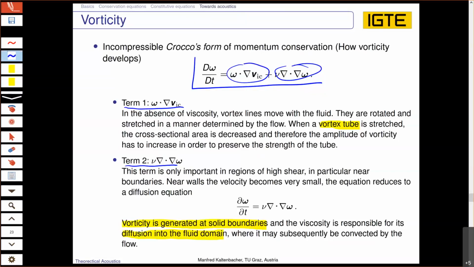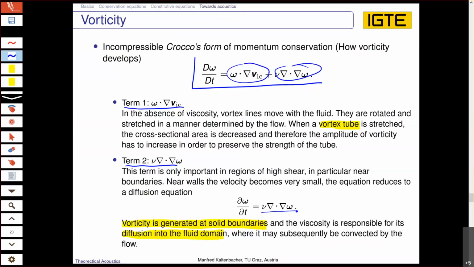That also tells us that actually this term, if your viscosity is small, could be set to 0, but from the physical point of view, to understand how the vortical structures are generated near the boundaries and then diffused in the fluid domain, it is an important part.